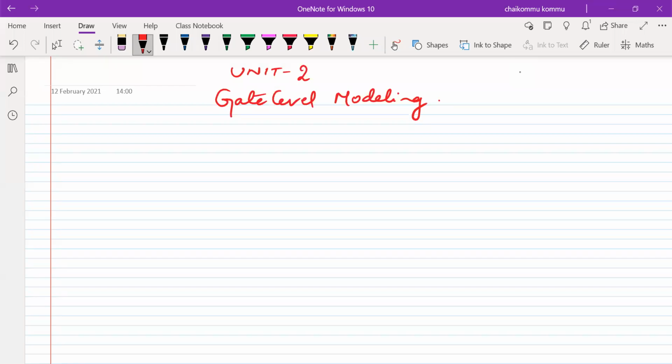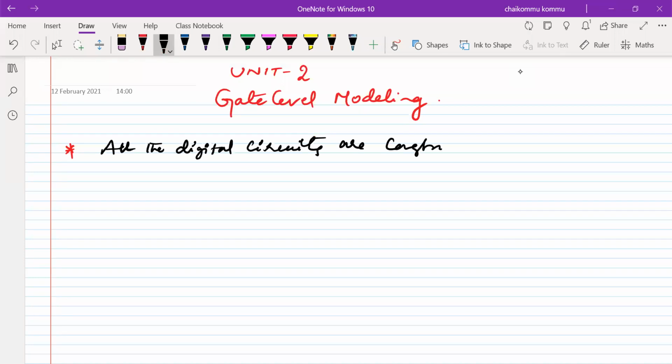The first and foremost important thing is that everybody knows that all digital circuits are constructed from basic gates.